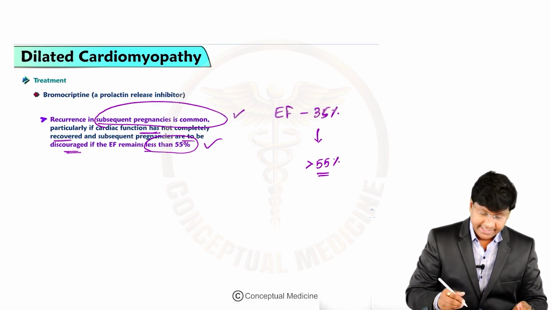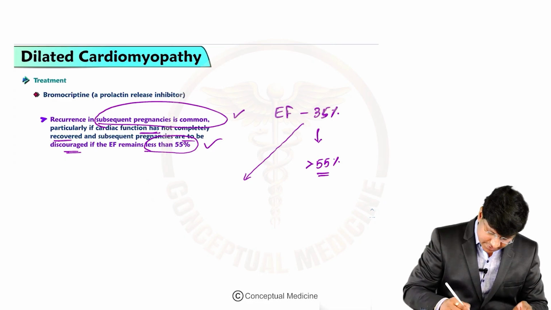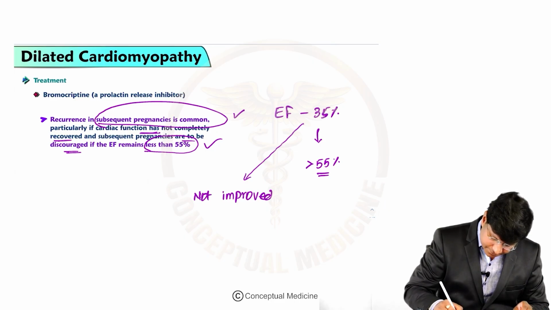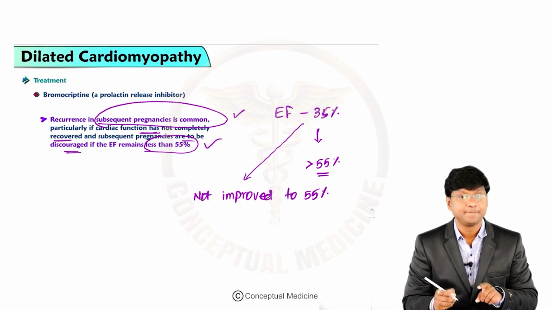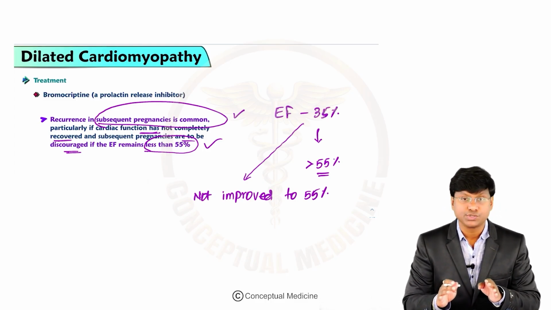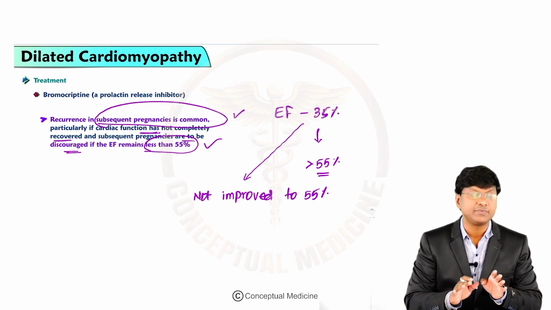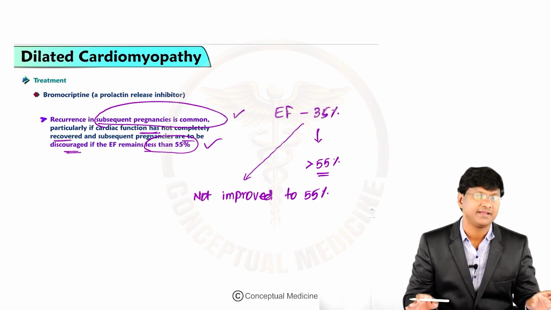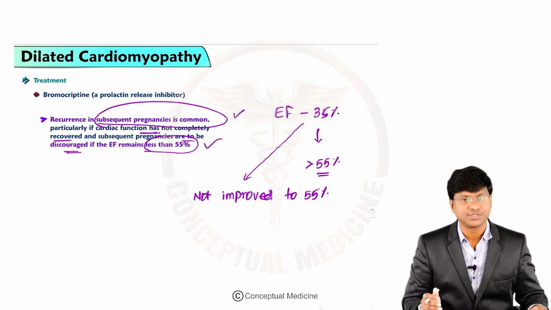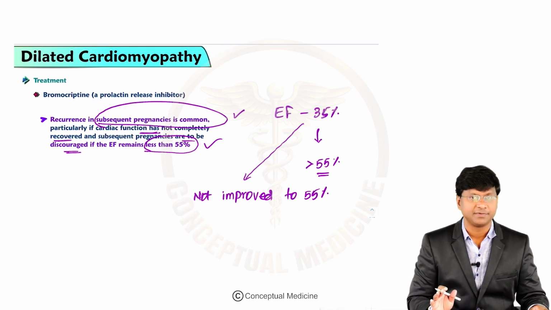But if the ejection fraction has not improved to 55%, then subsequent pregnancies should not be planned. Subsequent pregnancies should be discouraged. That is a very important point when you are giving advice to your patient with peripartum cardiomyopathy.